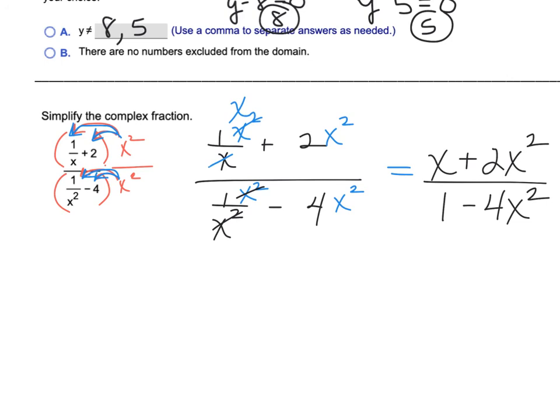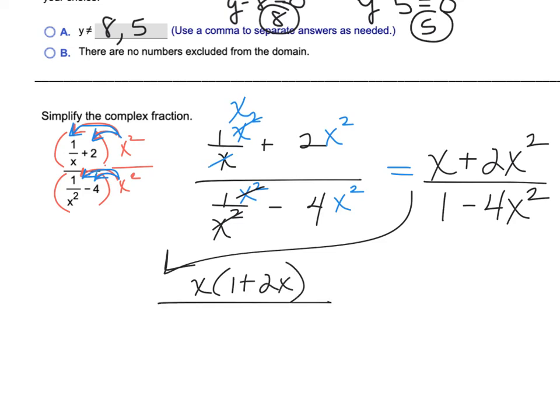Now this can still be simplified a little more, so let's see, I'll do it down here. The numerator can be factored. And then the denominator, if you can recognize, this is a difference of squares, it's a minus. A difference of 2 squares, like that.